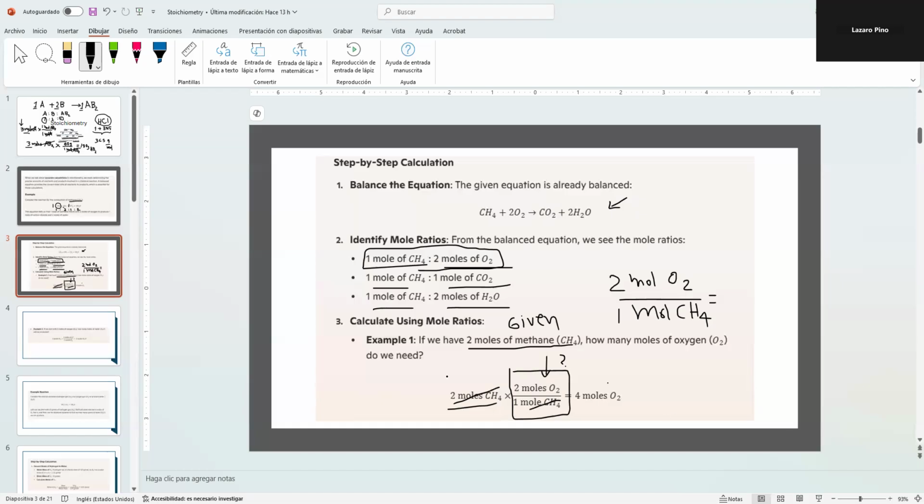This is the simple calculation where we use the mole ratios, and we can do it with carbon dioxide, with water, with any of the reactants or products in a chemical equation.